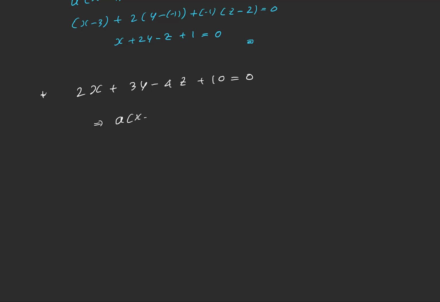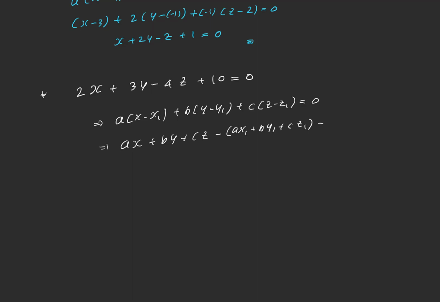A(x minus x1) plus B(y minus y1) plus C(z minus z1) equals 0. After we simplify this, we can get the general form Ax plus By plus Cz minus (Ax1 plus By1 plus Cz1) equals 0.